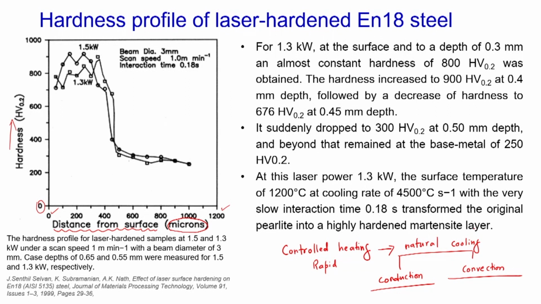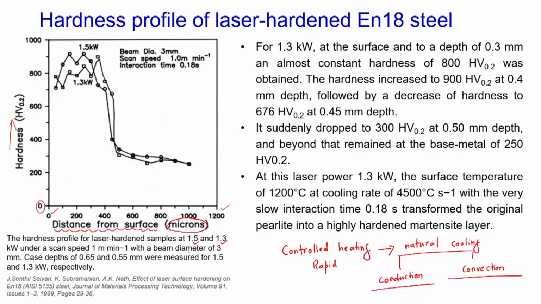All other parameters are varied as per the table which is shown in the previous slide. The power is at two levels, velocity is constant, diameter is constant, and then the trends were plotted which are there on your screen.